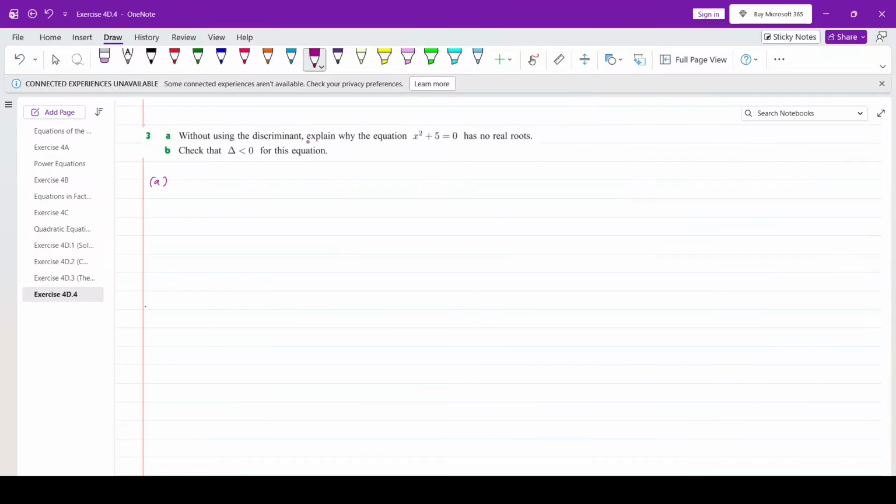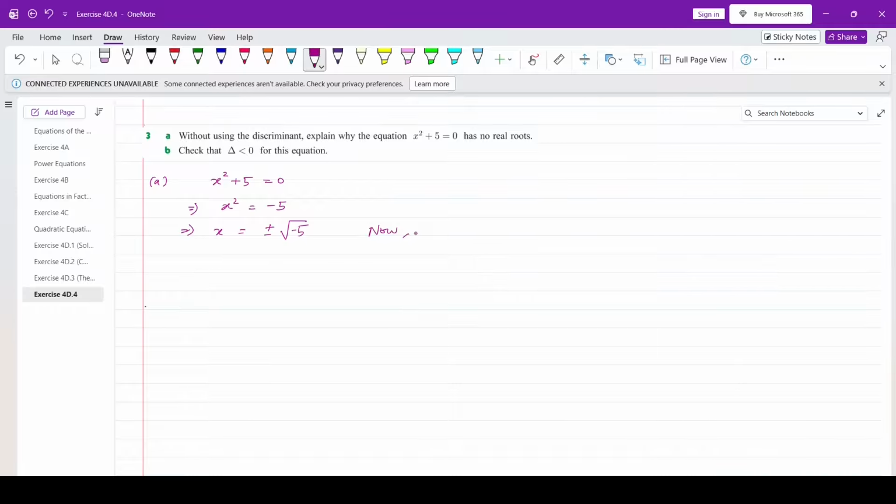Without using the discriminant, explain why this equation x square plus 5 is equal to 0 has no real root. So we can write this equation x square plus 5 is equal to 0. If we rearrange this equation, we get x square is equal to negative 5. Now we know the square of a number can never be negative. So when we take square root, we get positive or negative square root of negative 5.